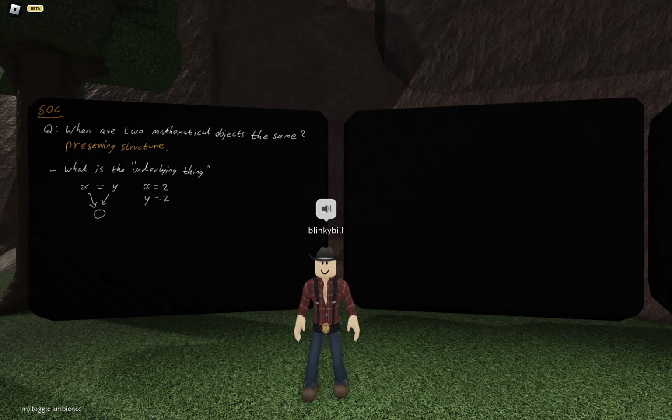But it turns out that what tends to happen in mathematics is that the situation is more like this. We have two descriptions of objects, and typically you have some framework like ZFC, which gives you a universe for all of your data to live in. You might have X referring to one piece of data and Y referring to another piece of data.